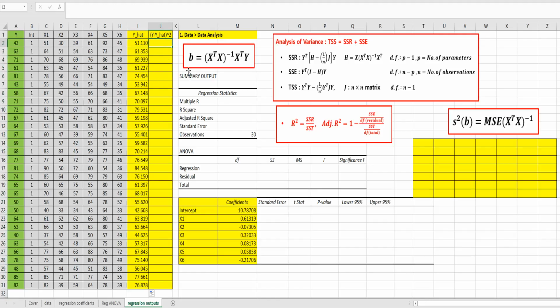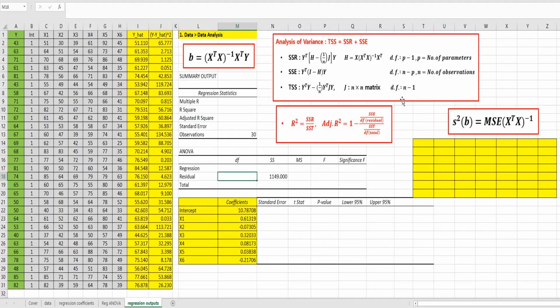Right. Then (y minus y hat) square. So as you know, the sum of (y minus y hat) square is equal to the sum of square of error. So sum. Okay. Then degrees of freedom, residual degrees of freedom.